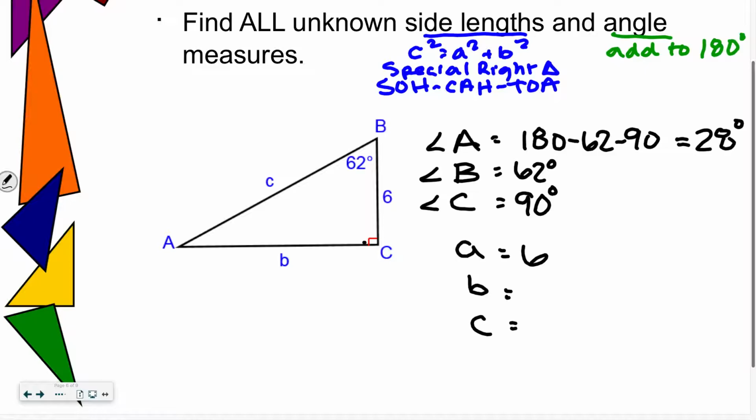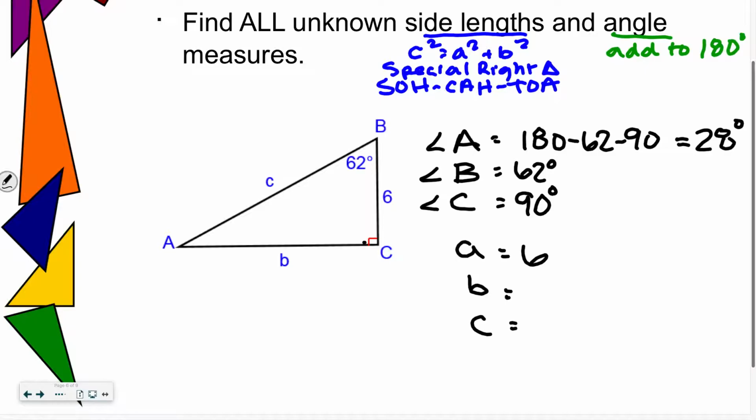Okay, so what can we do to find B or C? Lexi: For B, if we know that side A is 6 and we know that angle B is 62, it's adjacent and opposite, so O over A, which is tangent.